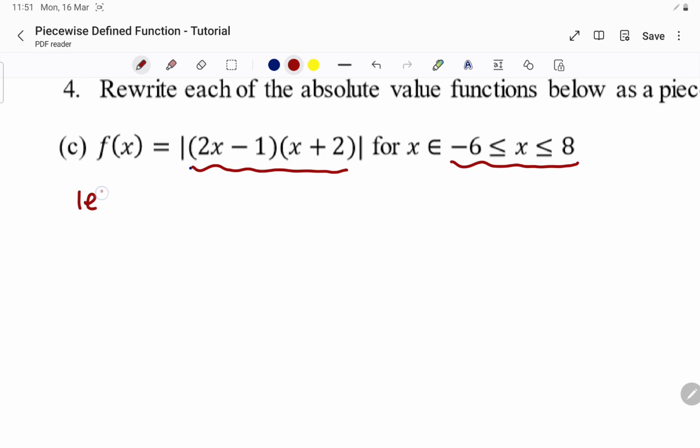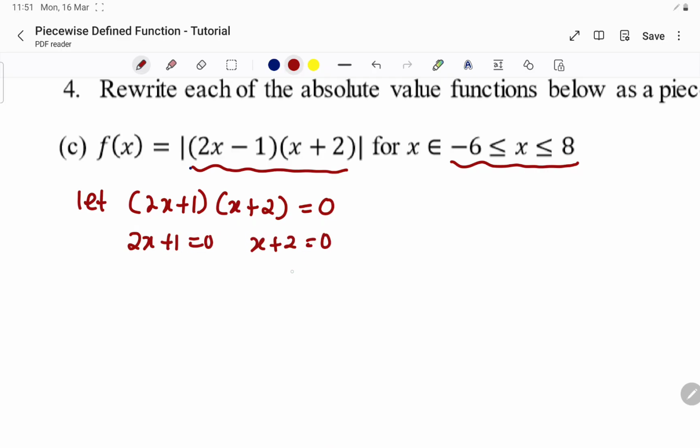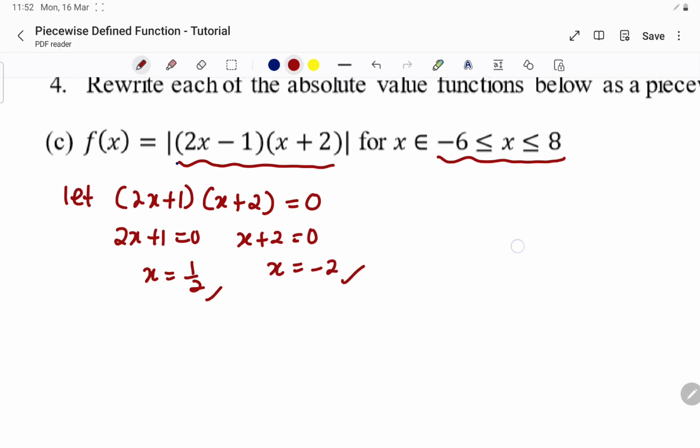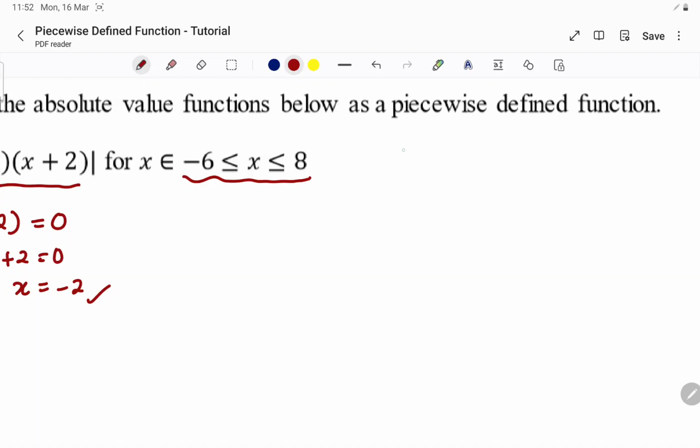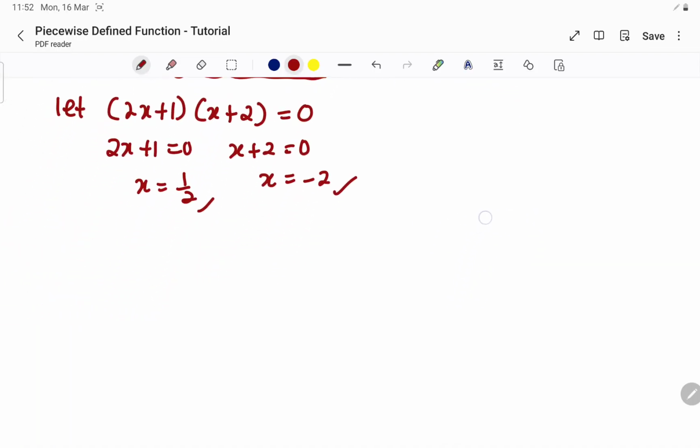So the first step is you let 2x minus 1 and x plus 2 equal to 0. So you're going to get 2x minus 1 equal to 0, x plus 2 equal to 0. Here your x is negative 2, another x is 1 over 2. So right now you have an additional region. So your regions right now will become like this.